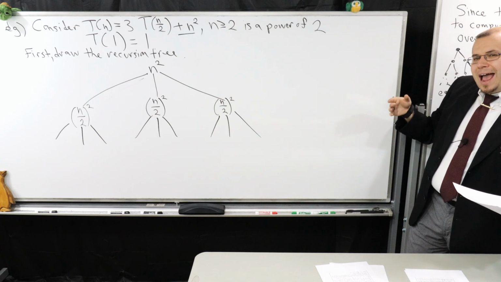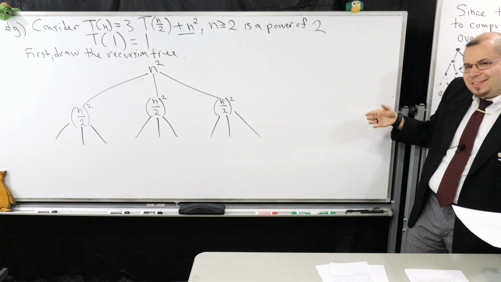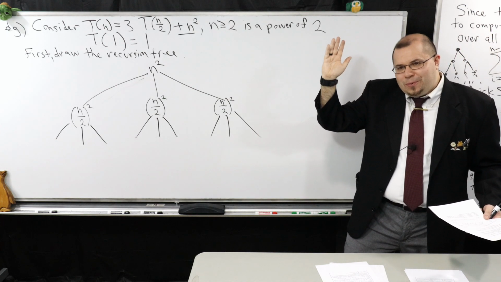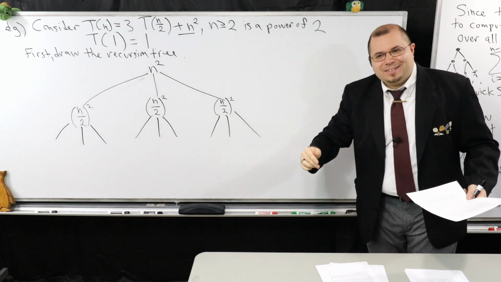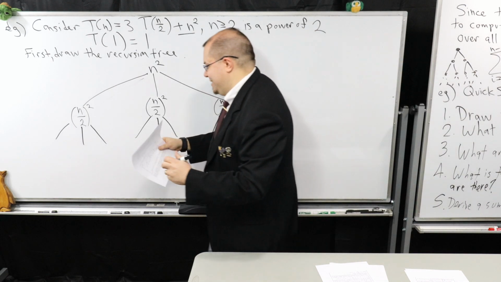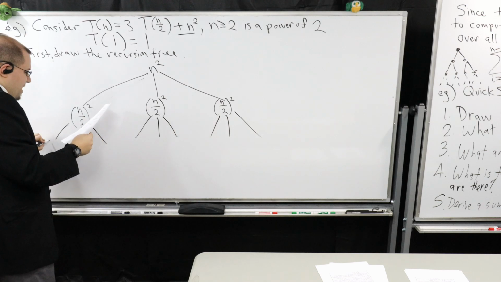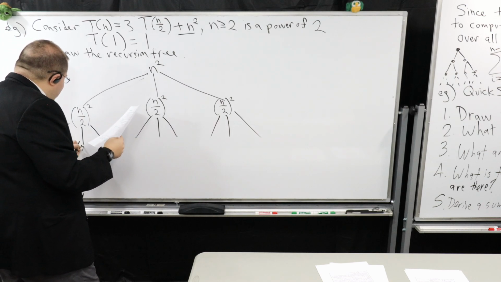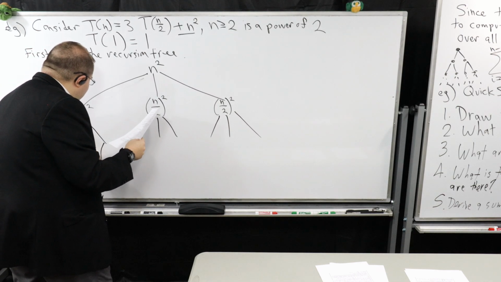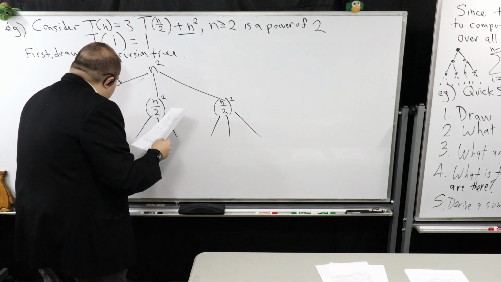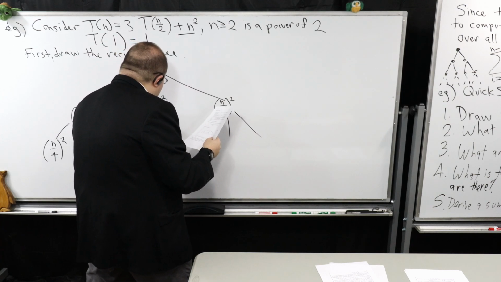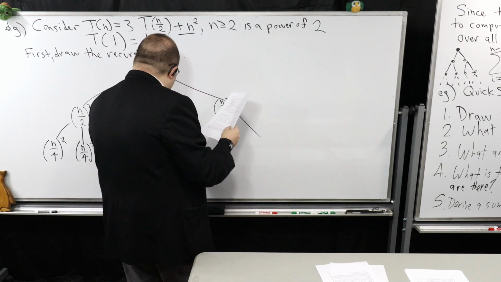Before I had half a banana and I halved that, so I should have a quarter of a banana, right? Quarter, exactly, perfect. So all of these are going to be (n/4)^2.